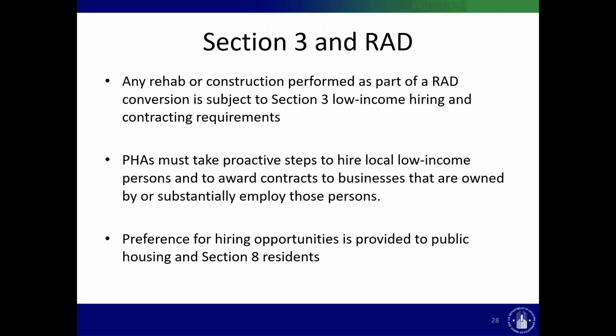In the case of RAD, any rehab or construction performed as a part of RAD conversion is subject to Section 3, as it relates to low-income hiring and contracting requirements. PHAs must take proactive steps in their hiring and the awarding of contracts to businesses that are owned by or substantially employ those persons. And there has to be a preference for hiring opportunities provided to public housing and Section 8 residents.